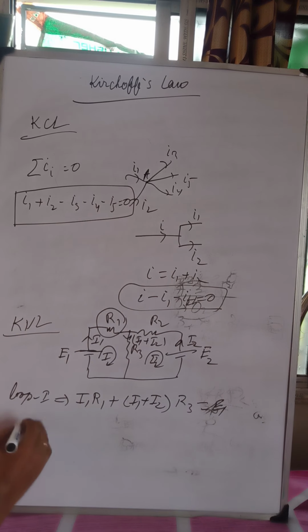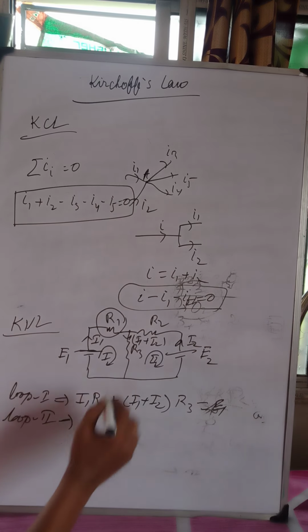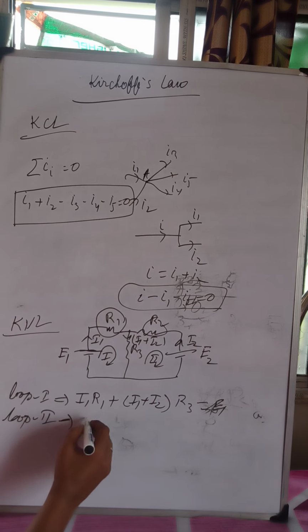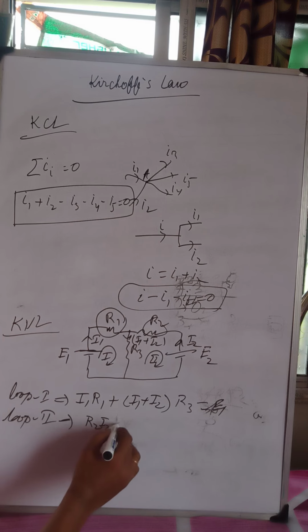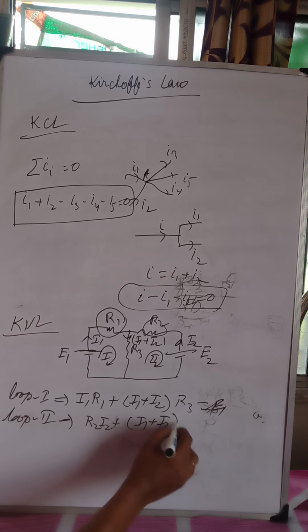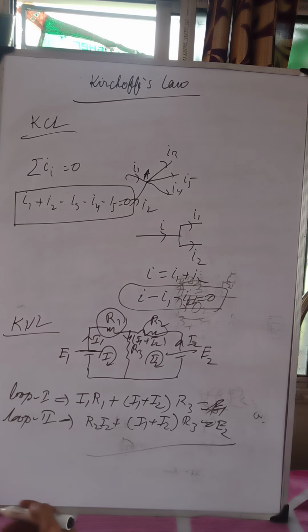That is for loop 1. Similarly, for loop 2, that will be R2 into I2 plus again I1 plus I2 into R3 equals E2. This is Kirchhoff's voltage law.